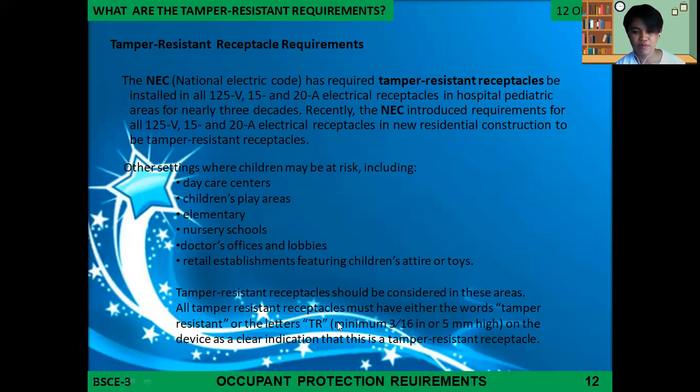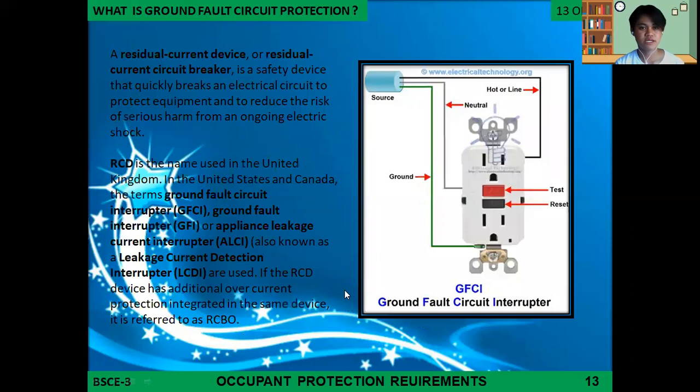Meron din parang palatandaan kung ito ba ay tamper-resistant receptacles, nilalagyan ng letters na T and R para manotice yung mga tao kung ito ba ay tamper-resistant receptacles. Ganun. What is ground fault circuit protection?